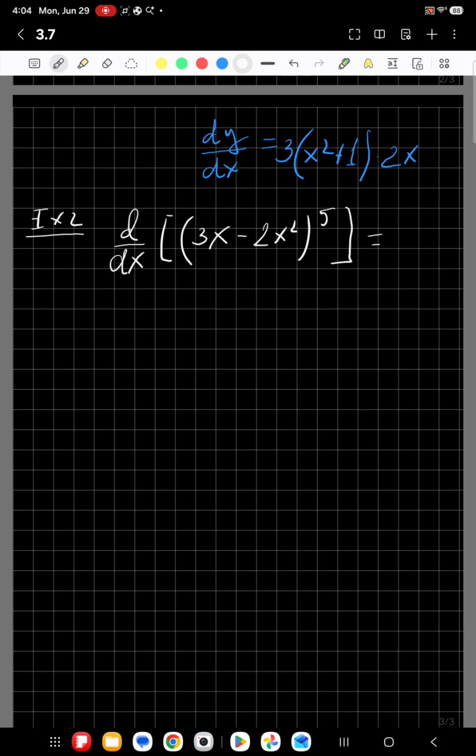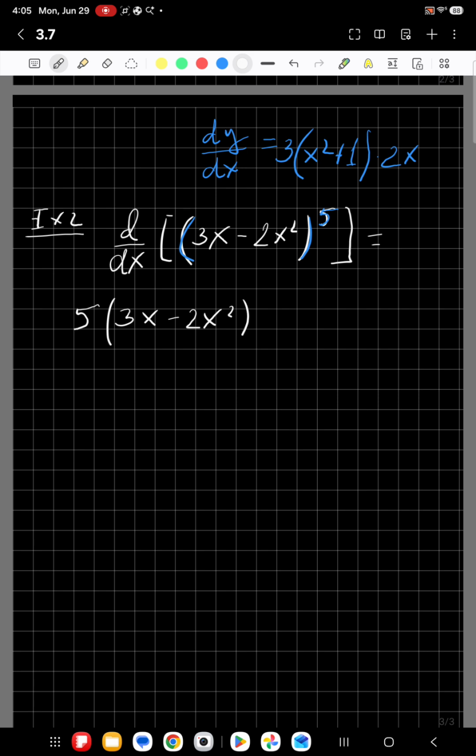And yeah, so we have the outside function, right? The outside function is the parentheses and that 5th power exponent. So that 5 will go to the front, and then we have the inside function unchanged: 3x minus 2x squared.